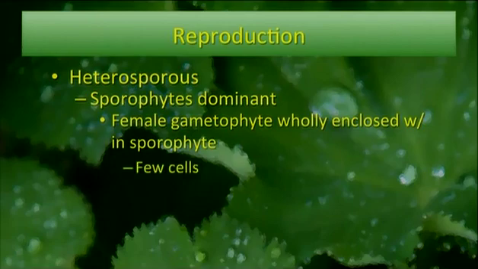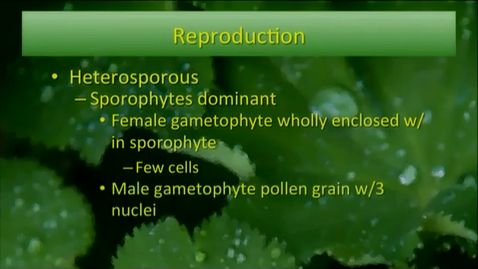Now, the female gametophyte is only a few cells. The male gametophyte is only a few cells large also. It's a pollen grain that has 3 nuclei. That's the male gametophyte, a pollen grain with 3 nuclei.